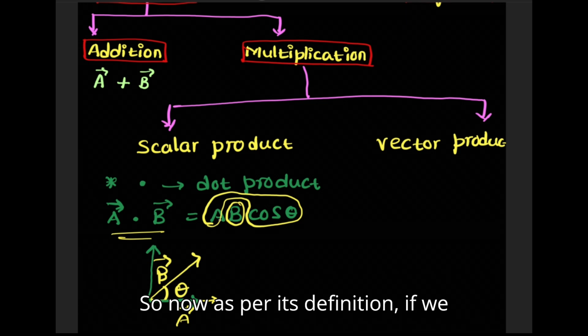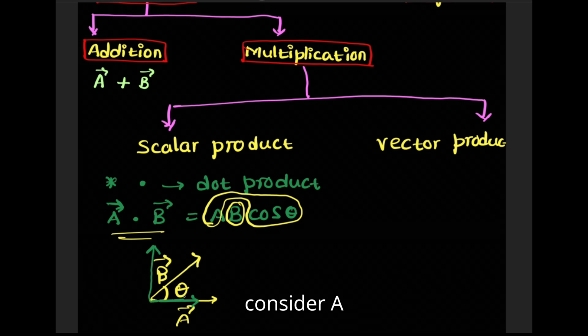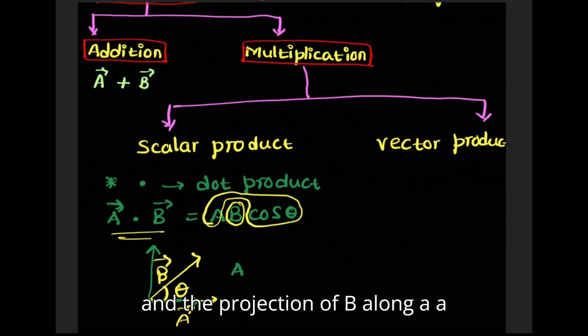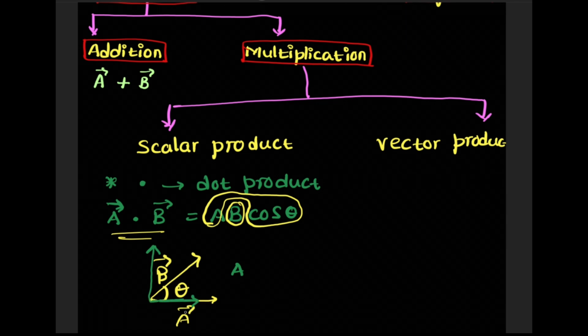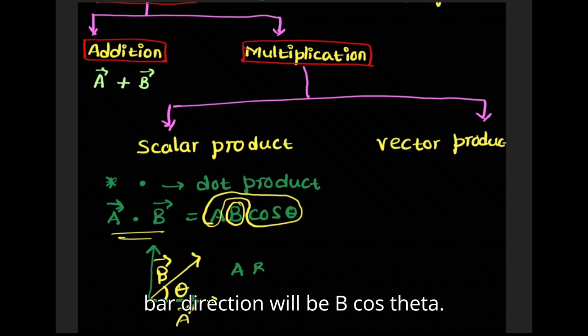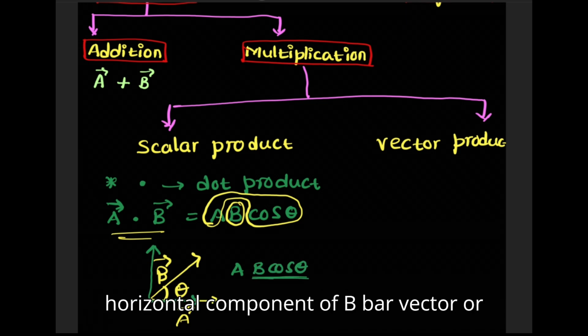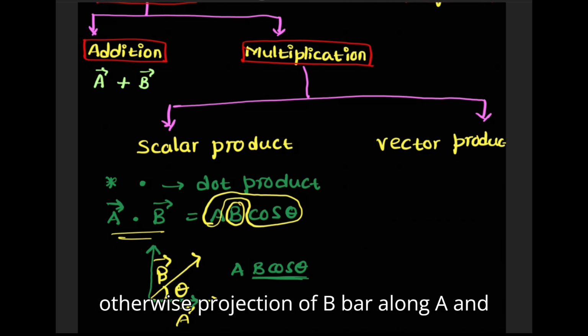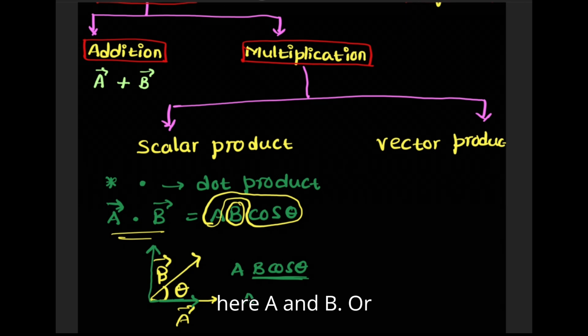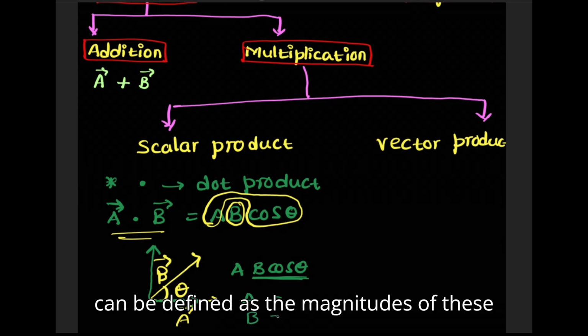So now, as per its definition, if we consider a, the projection of b along a bar direction will be b cos theta. This can be considered as the horizontal component of b bar vector, or otherwise the projection of b bar along a. And here a and b are the magnitudes of these vectors respectively.